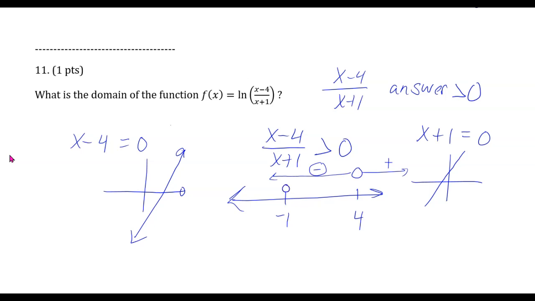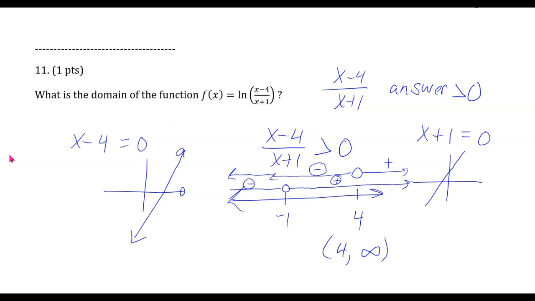The other line is going to be positive, provided I'm to the right of -1, and it's going to be negative on the other side. If we look at these two lines, in order for the whole thing to be positive, I need to be where they're both negative or both positive. I have to be above 4 for them to both be positive, so that would tell me to go from 4 to infinity.